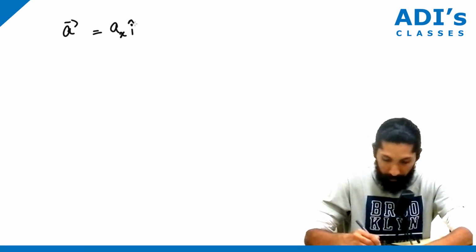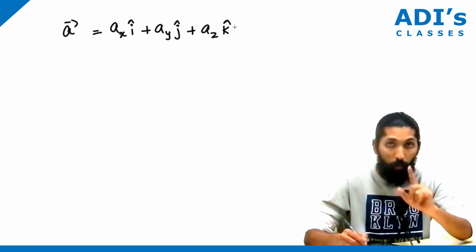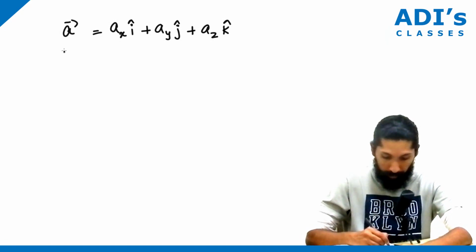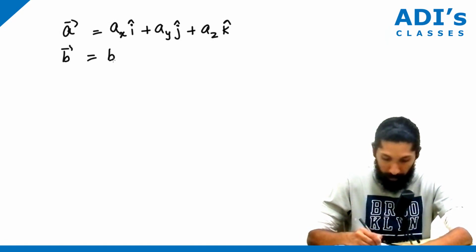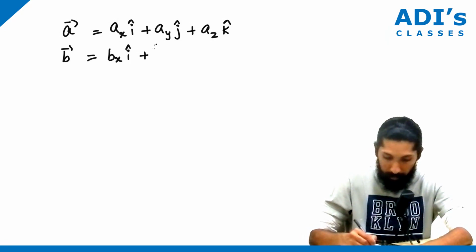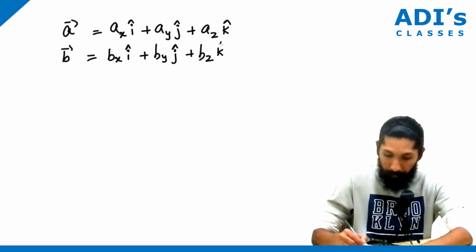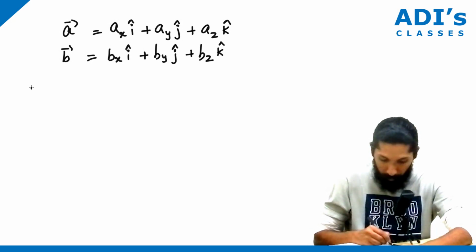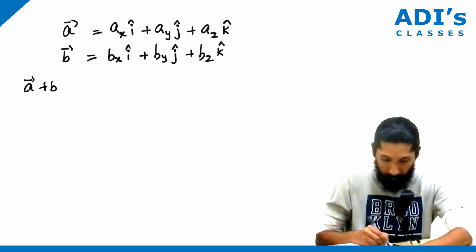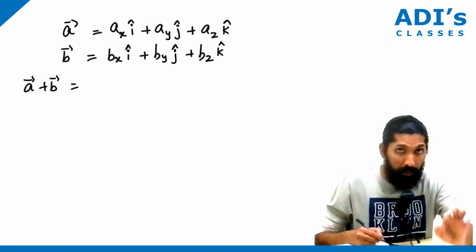ax i cap plus ay j cap plus az k cap. This is one vector. Say vector B is equal to bx i cap plus by j cap plus bz k cap. Suppose you do A plus B, remember only like components can be added.